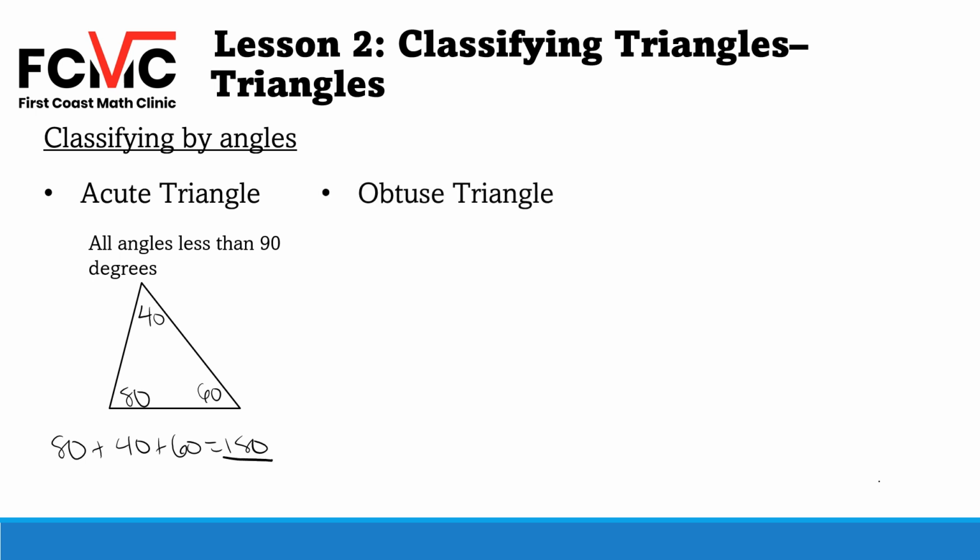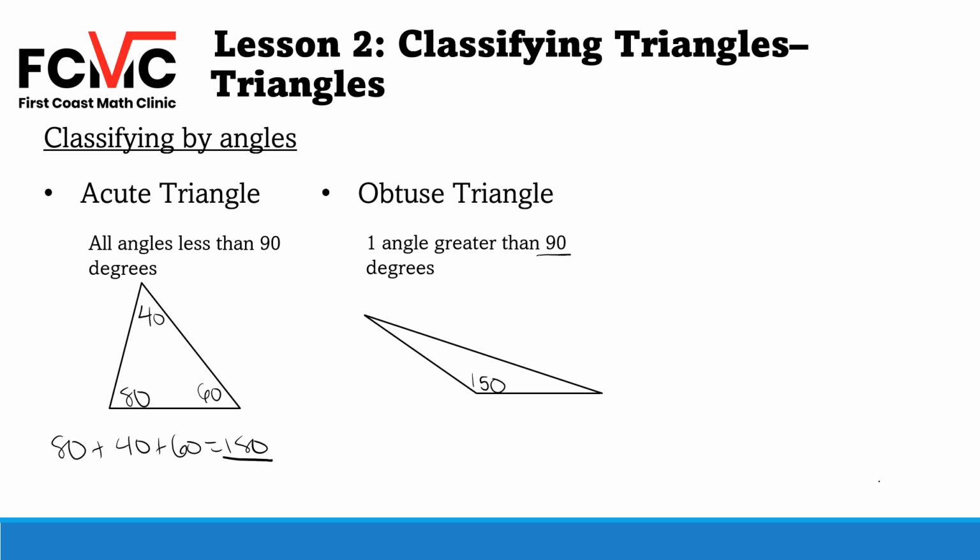Next type of triangle is going to be an obtuse triangle, where we have one angle greater than 90 degrees. So we've got one obtuse angle. So it'll look something like this. Right? So maybe let's say that's 150 degrees. And then maybe we've got 10 degrees and 20 degrees.